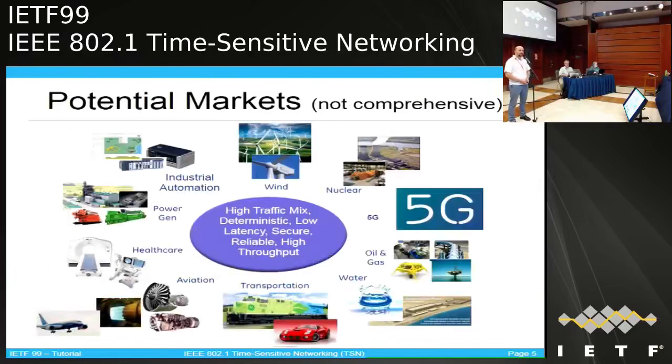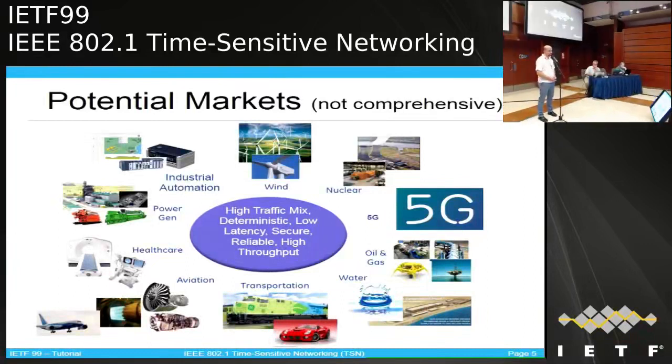Actually, there is quite wide use case interest, or many areas see TSN as interesting. So there are a number of potential markets that can leverage TSN. This is not a full list, of course. One of the key ones is industrial automation. In Industry 4.0, TSN is the new networking technology that is planned to be used.